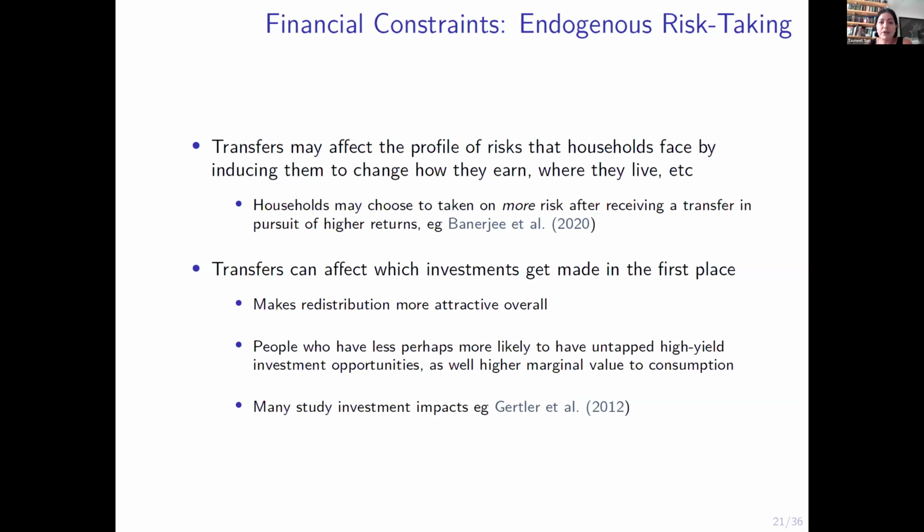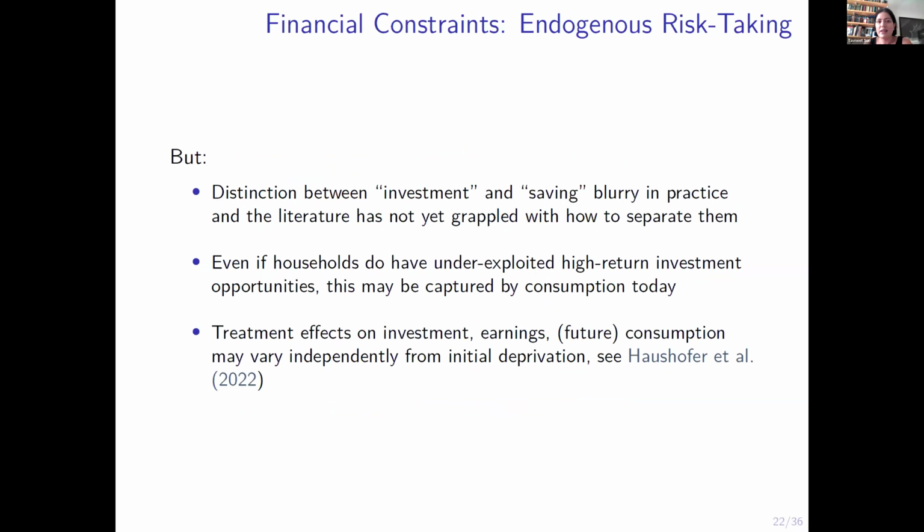But given all this, it's worth saying that the distinction between investment and savings is really blurry in practice, and there's no real good work trying to separate these two things out. For example, imagine a household that is not credit constrained, but is savings constrained. I don't have a good, high return, or even a non-zero return, savings option, but I'm not credit constrained. If I give you a transfer and I see some low return investment go up, like buying a goat, I might use that as evidence of credit constraints, but it's not.